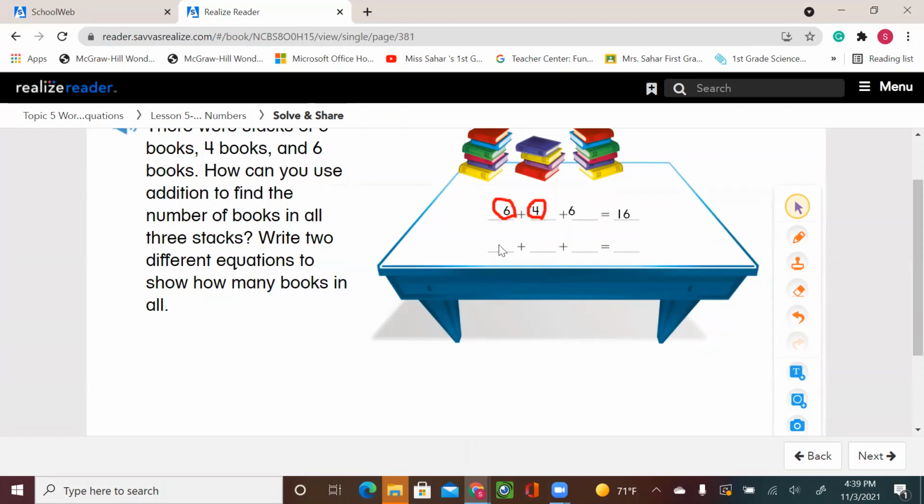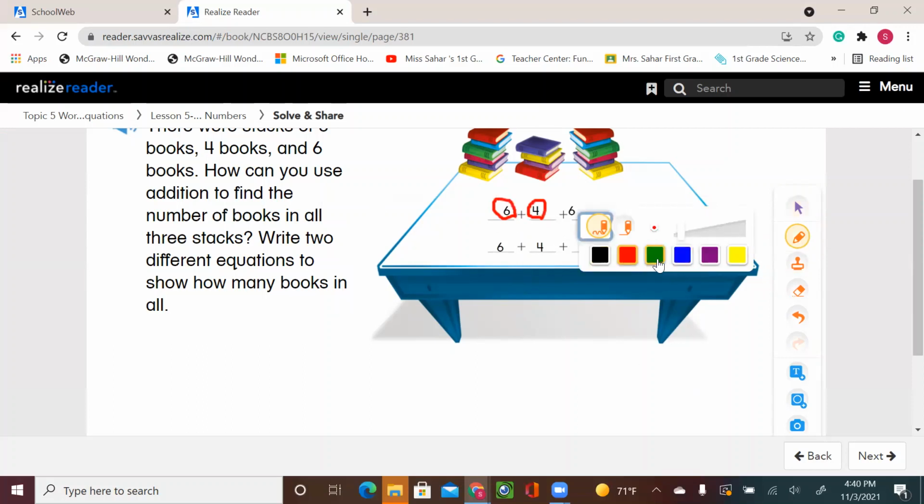All right, let's write the numbers again. Six plus 4 plus 6, and we use different strategy. The first way I used the first two numbers.